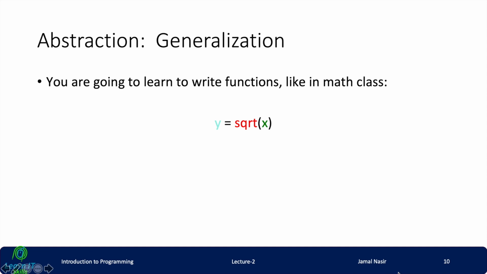Just like in our calculators, we don't have keys for every number. We only have keys from 0 to 9 digits, right? And we can make any length digits that are allowable on the calculator, right? And we can add them, we can subtract them. So this is generalization. So here x is the argument.